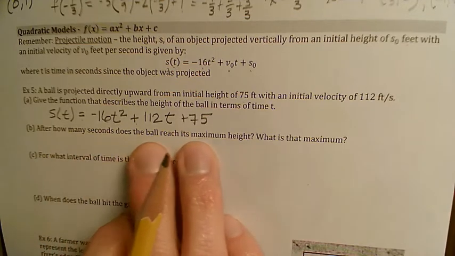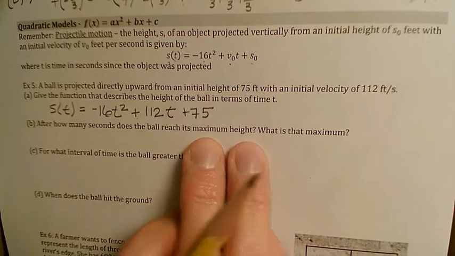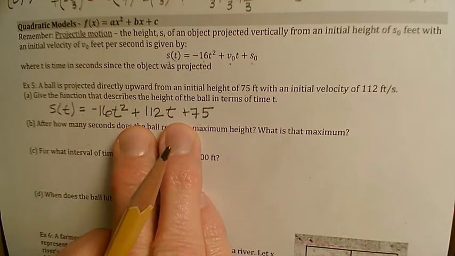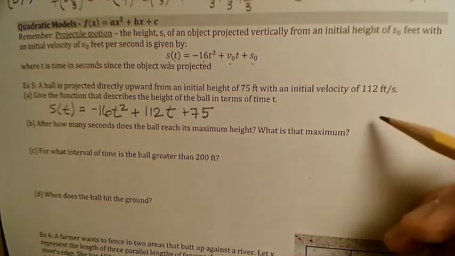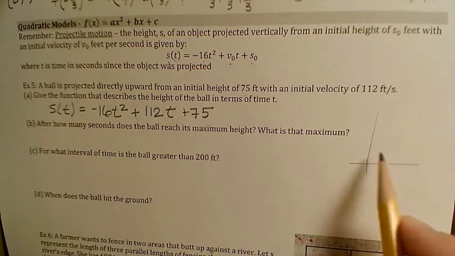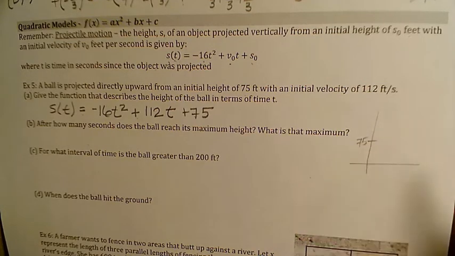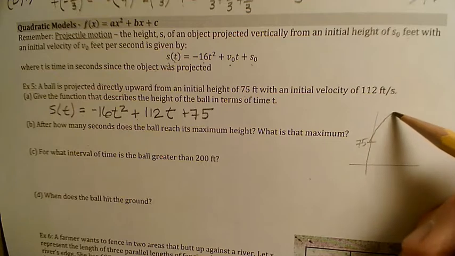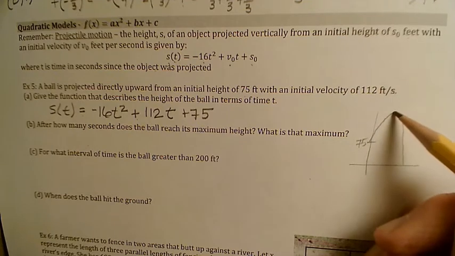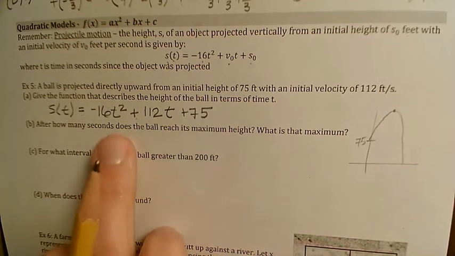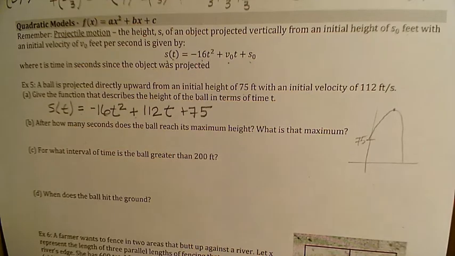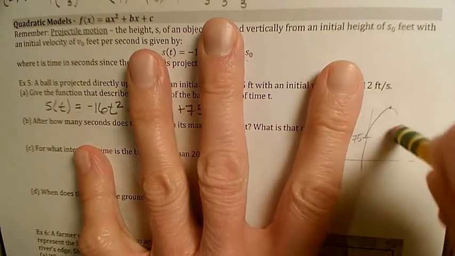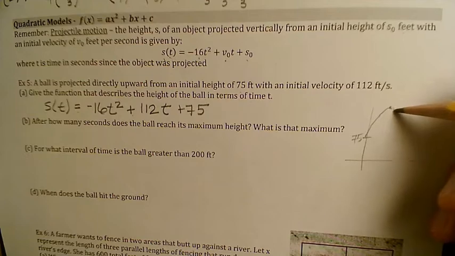All right, after how many seconds does the ball reach its maximum height? So the maximum height: it starts here at 75, and it's going up and coming back down. So we're looking for its vertex. It has a negative leading coefficient. That's a horrible drawing, but it should look a little bit more like a parabola, something like that.